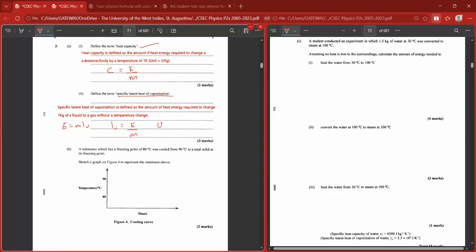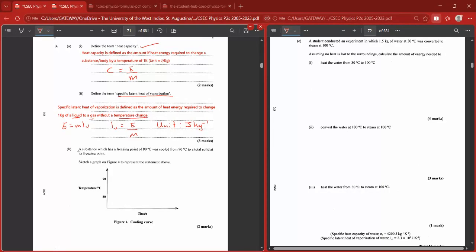So the unit will be joules per kilogram. And you have a change in state, so therefore you do have no change in temperature, right?